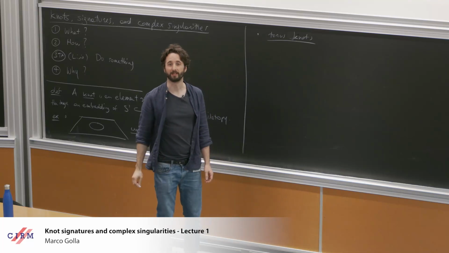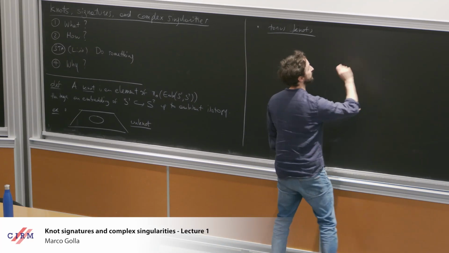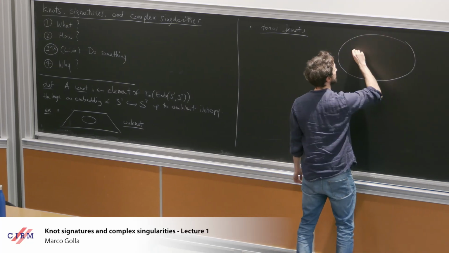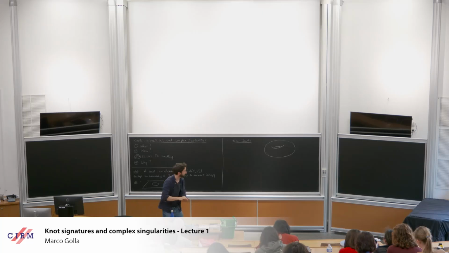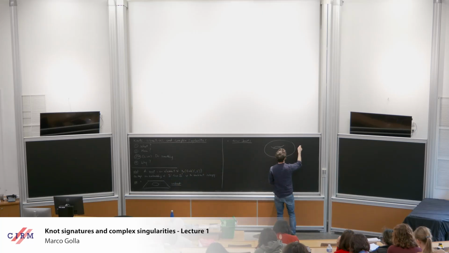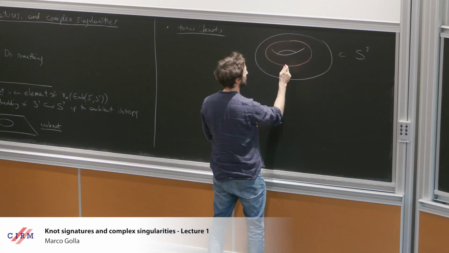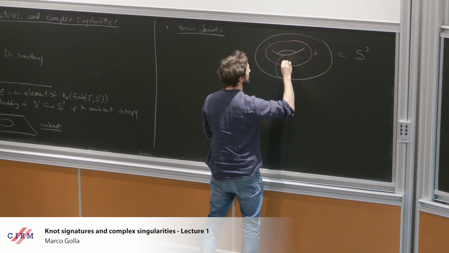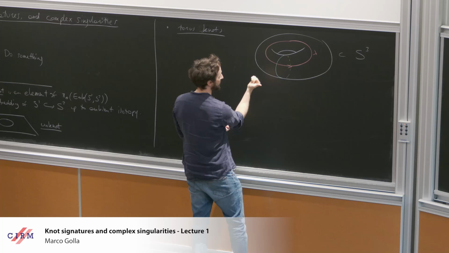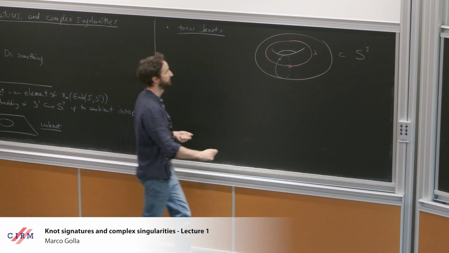I should do a bit bigger, right, Dave? I'll try. So what is a torus knot? I take the standardly embedded 2 torus in S3. I take 2 curves on the torus that I call the longitude and the meridian, and I want to orient them according to the right-hand rule.